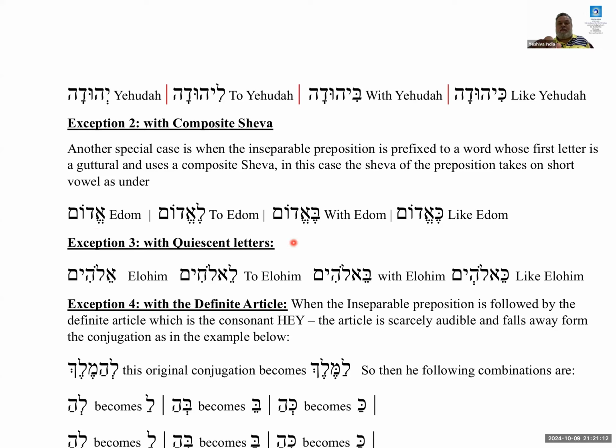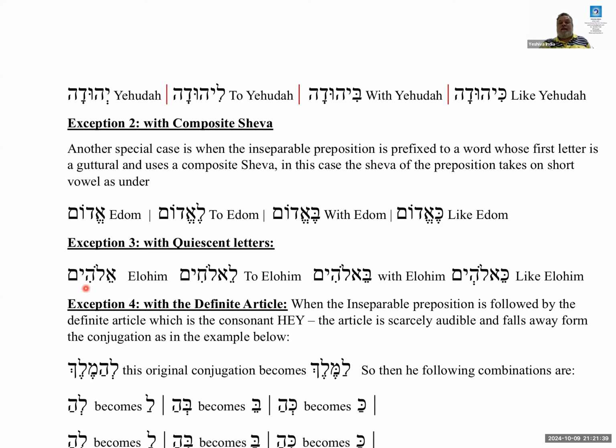Now, with quiescent letters. When you have this conjugation with a quiescent letter, most of them are gutturals. So Aleph is a quiescent letter. Although you're saying Elohim, you're not pronouncing the Aleph, you're pronouncing the Tzere there.